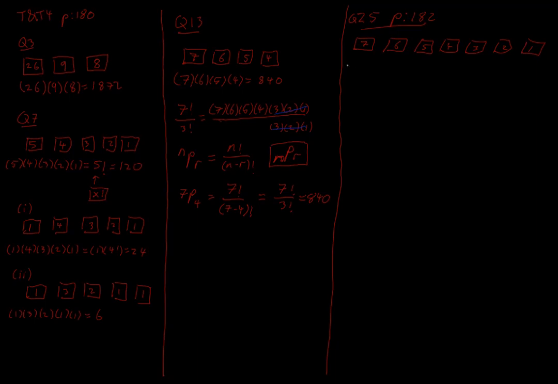We multiply all of them together, and hopefully we're happy that that's just 7 factorial. We put that into our calculator, and we get 5,040 different ways that we can arrange our 7 children.